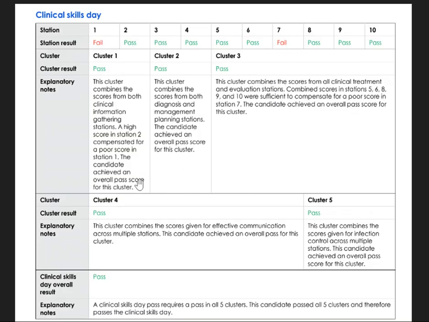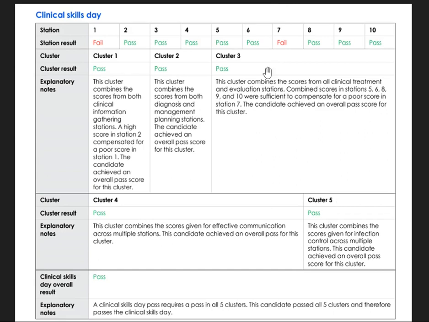All right. Now let's look at cluster 4, which is the communication cluster, effective communication cluster. Now this cluster is judged during the first 6 stations, which are the communication OSCEs, right? So the candidate performed well and he passed this cluster. Then you have cluster 5, which is infection control.